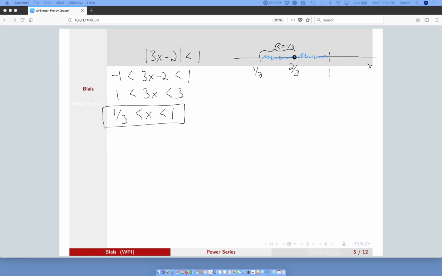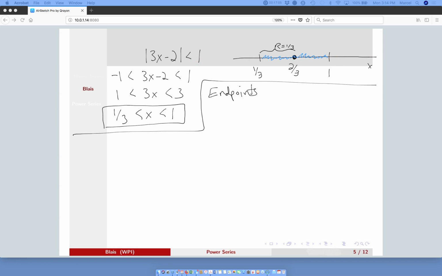Now we get to the part that takes some time, is we have to now check the endpoints. And again, the endpoints are going to be done manually because anything outside of this interval corresponds to the reverse of this inequality, the case when rho from the ratio test is bigger than 1, and thus you have a divergent series.